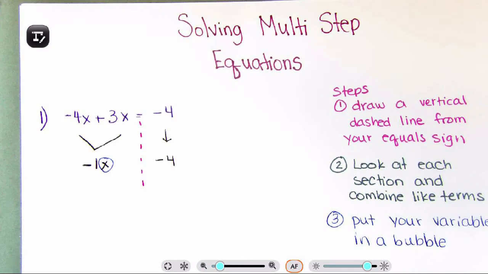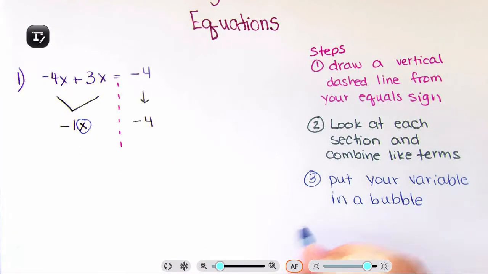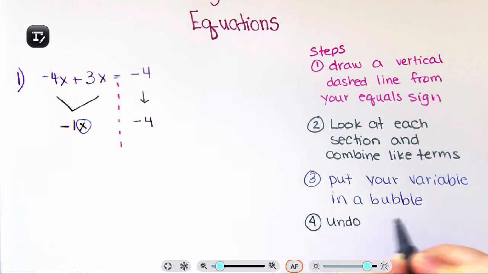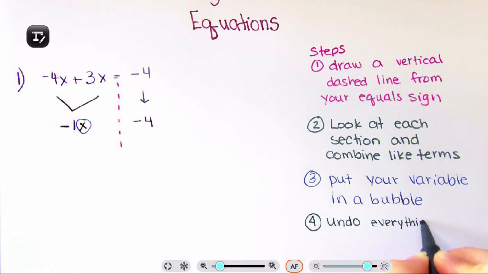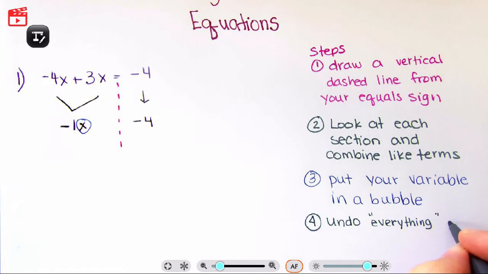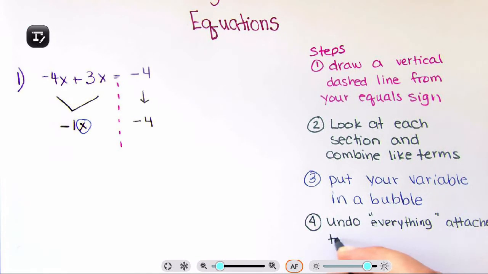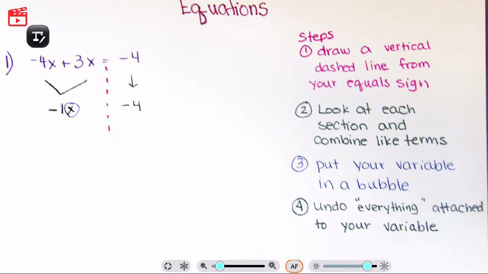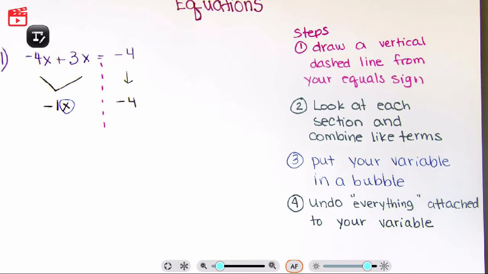And so get rid of everything attached to your variable. I'm going to say that undo everything. And again, everything we're talking about on that side. So again, we're going to undo everything attached to your variable.